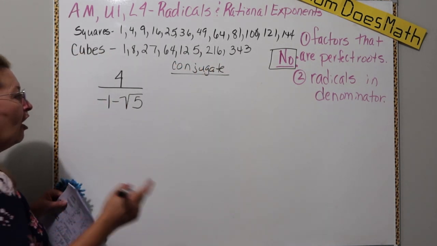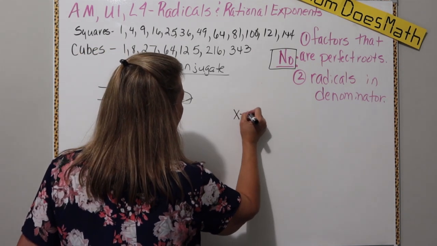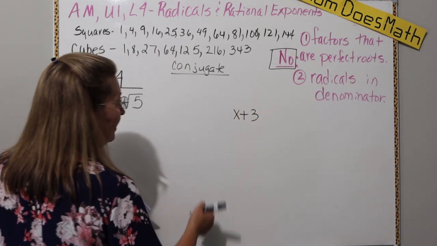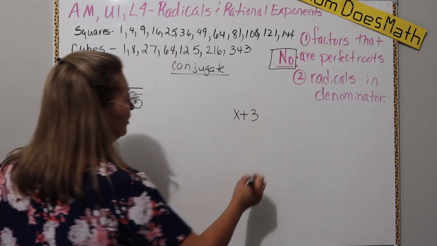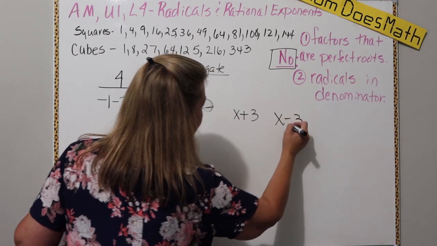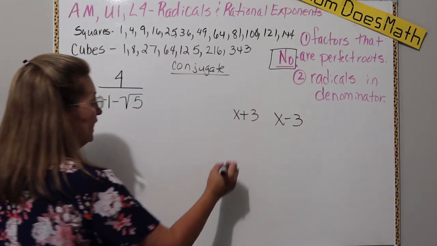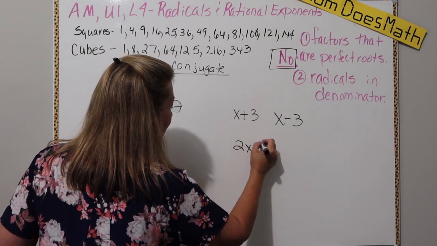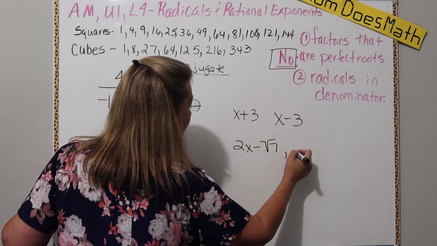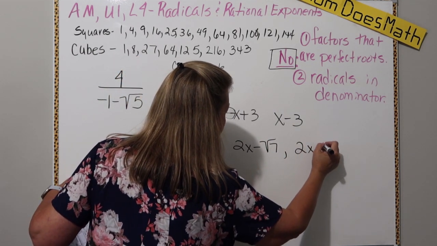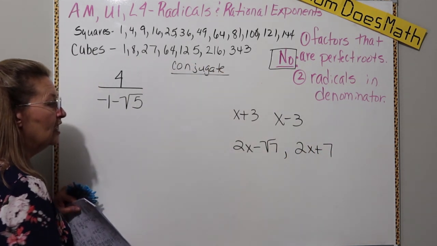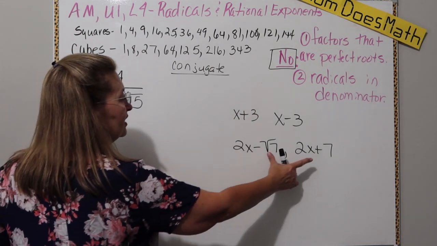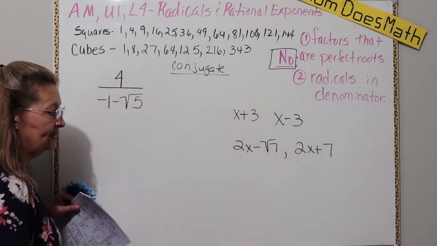Conjugate. A conjugate is a binomial with the opposite sign. So if this is your original binomial, the conjugate is x minus 3. If you've got 2x minus square root of 7, the conjugate is 2x plus square root of 7. Numbers stay the same, the sign is the opposite.